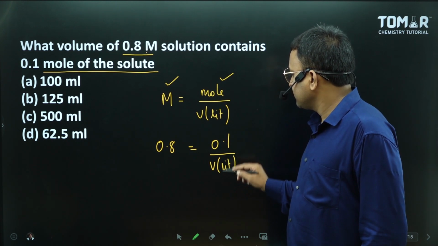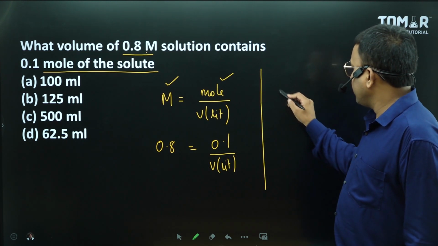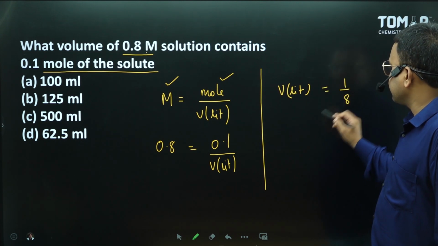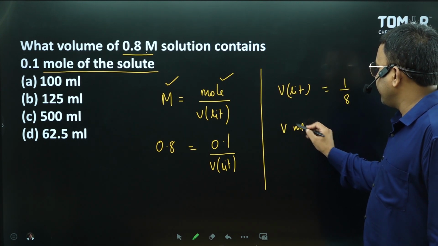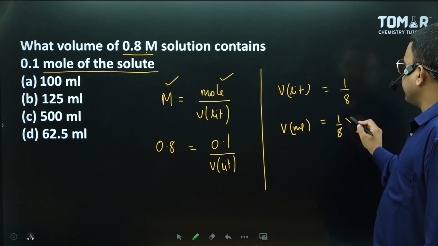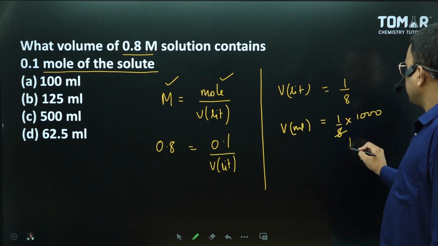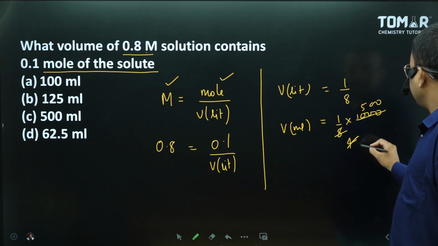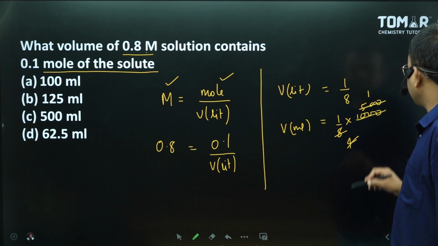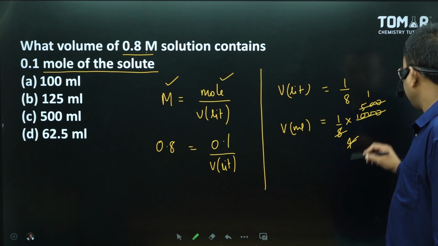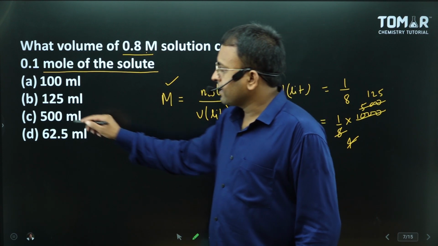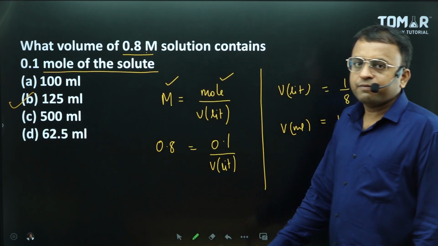Volume in liter will be 1 by 8, and volume in ml is 1 by 8 into 1000. 2 fours are 8, 2 500, 4 1 ja 4, 4 2 ja 8, 125 ml. Correct option is B, 125 ml.